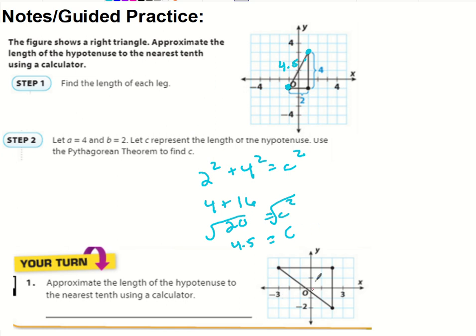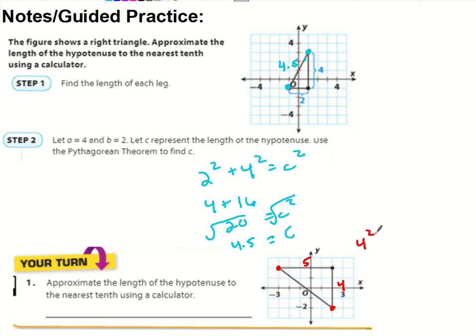Another example here, I have a right triangle. I want to find the length of the hypotenuse, that's from here to here. That's this line. So I need to figure out the length of the legs, and then I can use Pythagorean theorem. Well, this leg is 1, 2, 3, 4, 5, and this one is 1, 2, 3, 4.